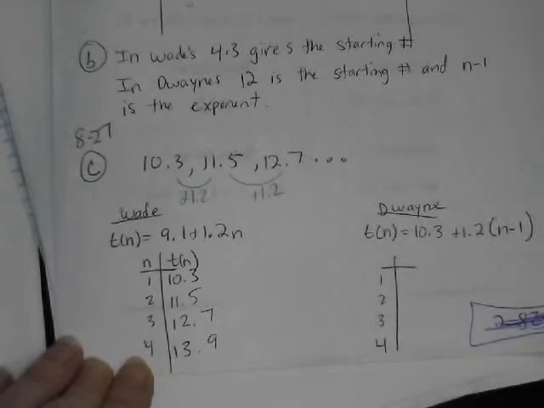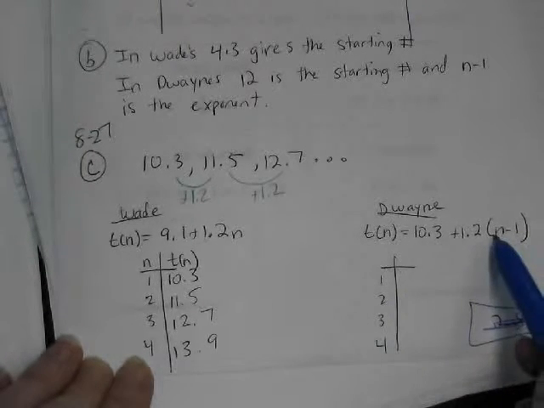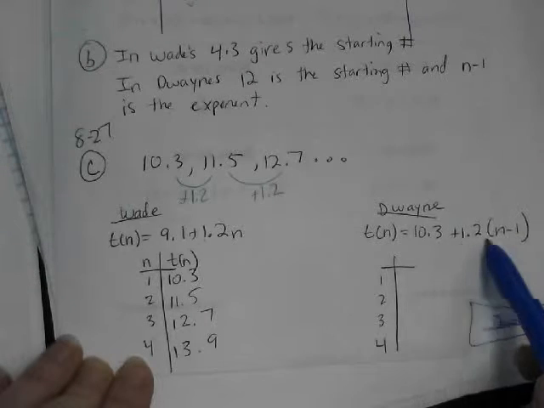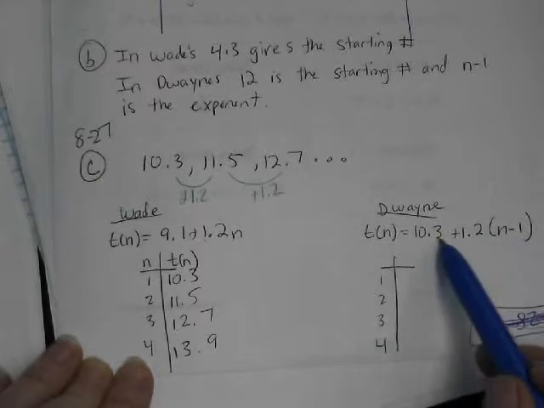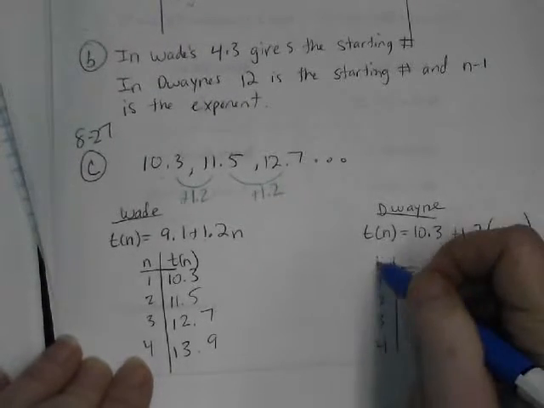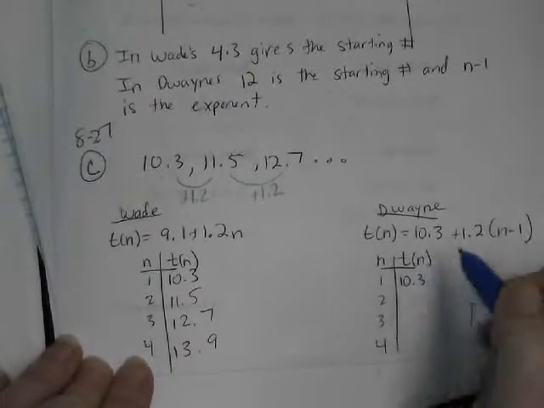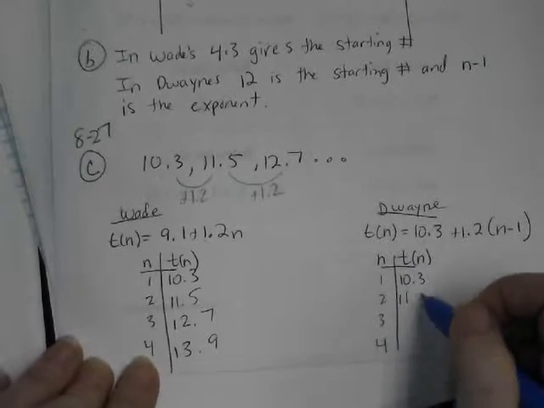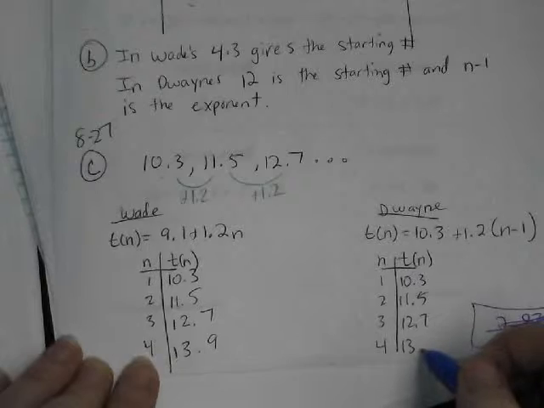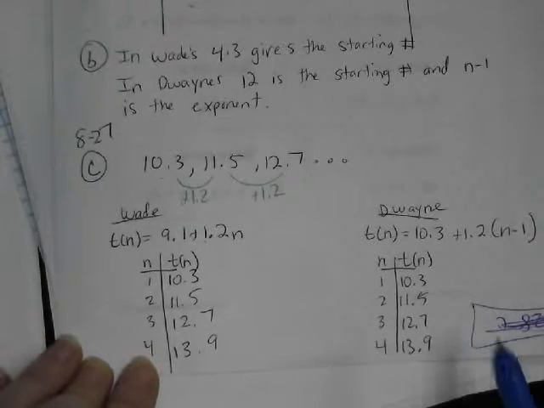Okay, this one should work the same. N minus 1, well 1 minus 1 is 0, and 0 times that number just makes 0, so now I got 10.3. This is n and t of n. Okay, so I'm going to quicken this up here. We got 11.5, 12.7, 13.9. Should I check that last one?